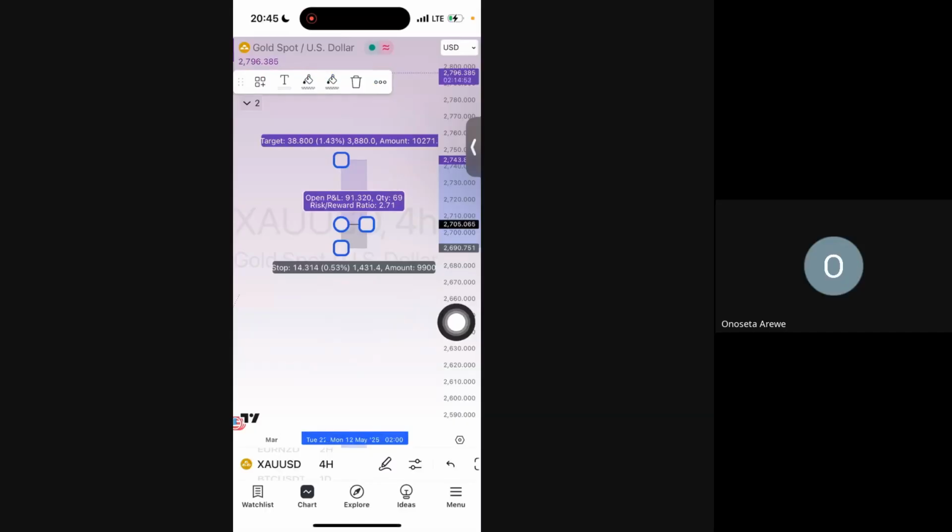So XAUUSD is also calculated from the second decimal place.